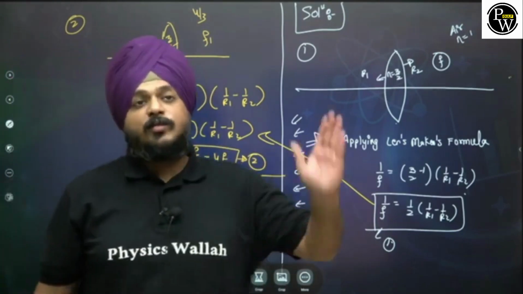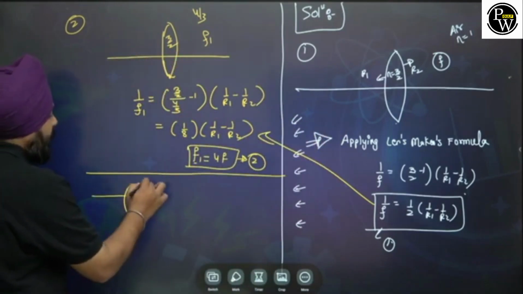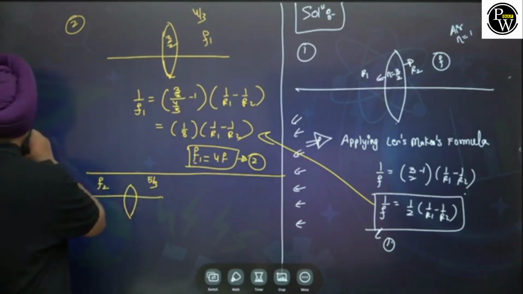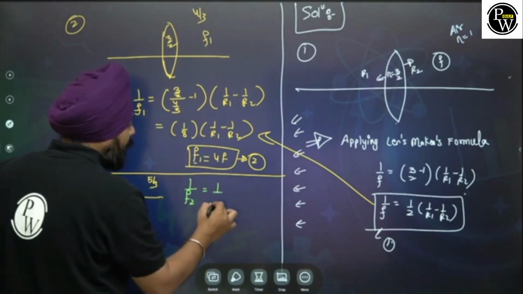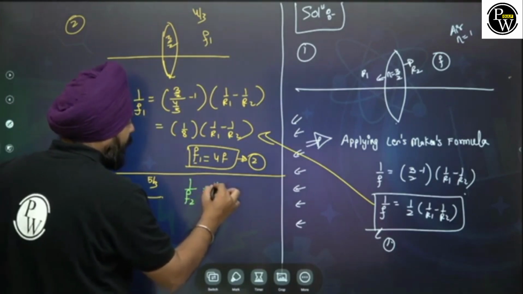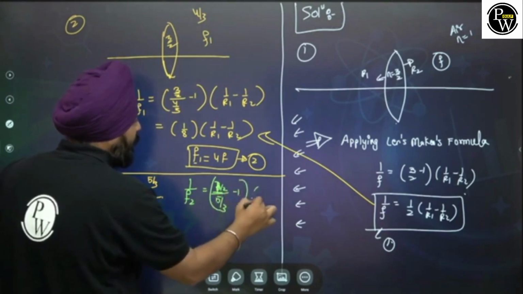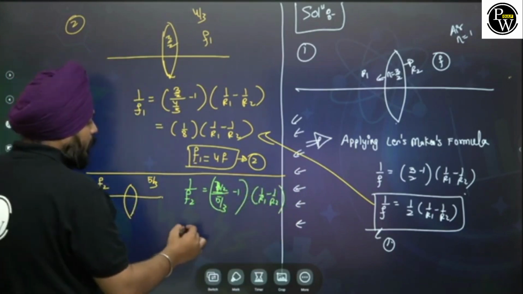Okay. Now the same thing we apply for the refractive index of 5 by 3, and the focal length is going to be f2. So 1 by f2 is equal to (3 by 2 divided by 5 by 3 minus 1) times (1 by r1 minus 1 by r2).